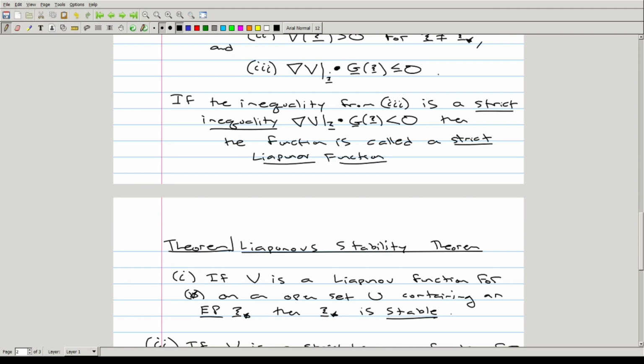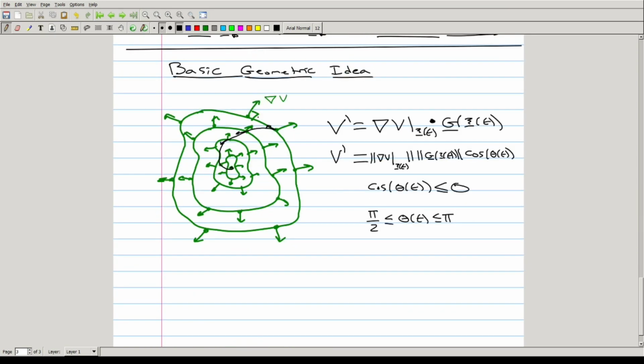In the case of a strict Liapunov function, this forces them to actually converge to the equilibrium point. This is a very neat idea because it's directly related to multivariable calculus, and it can be applied in any number of dimensions.